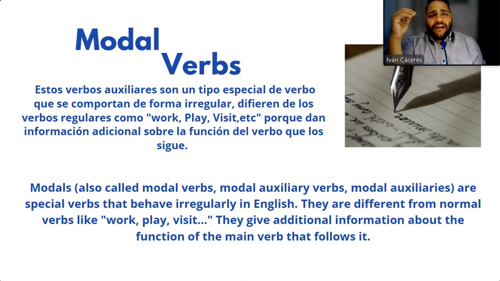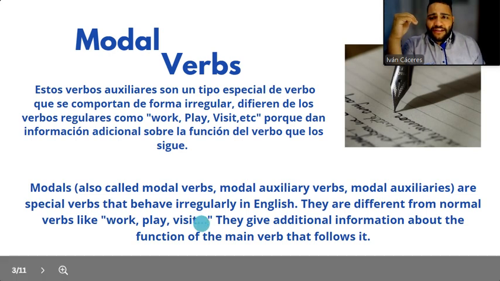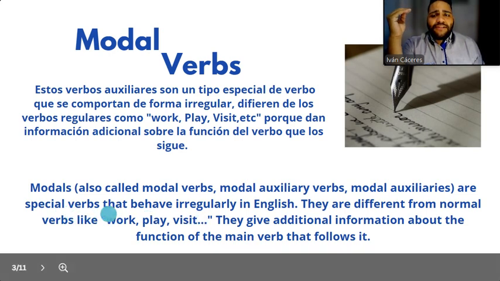We use them with another verb. Okay, it says they are special verbs that behave irregularly in English. Why? Because they are different from normal verbs like work, play, or visit. Okay, they give additional info about the function of the main verb that follows it.